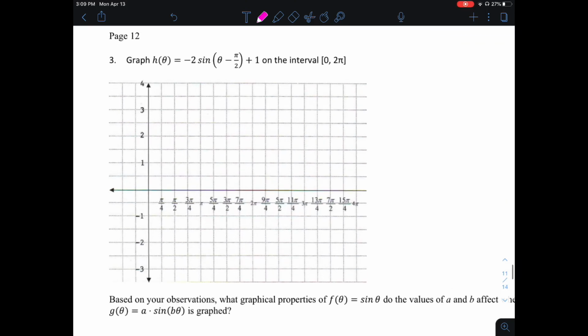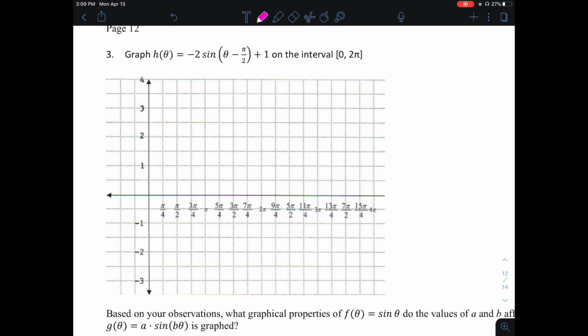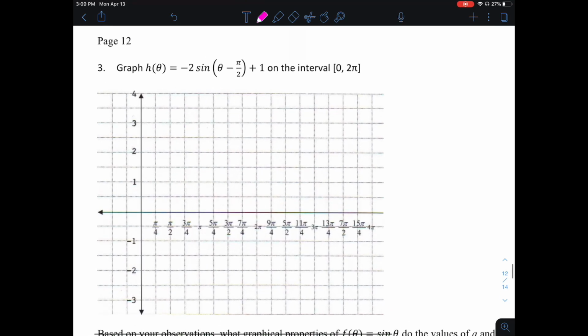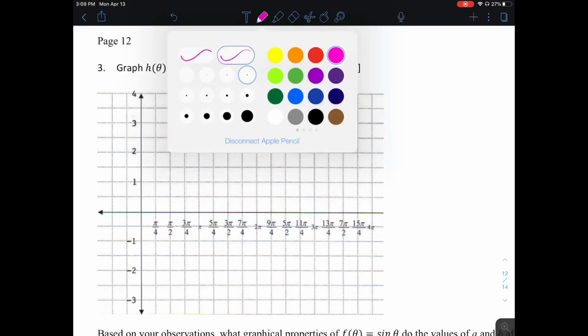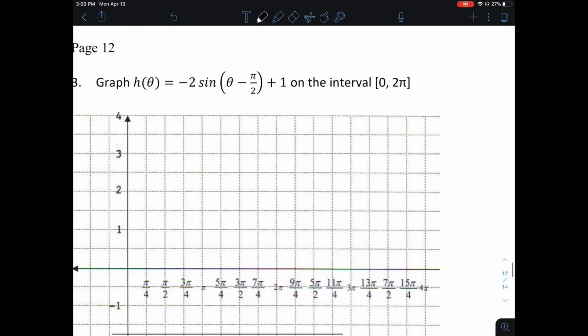Moving on, number 3. We're supposed to graph h, which is -2 times sine, and then we got our angle theta minus pi over 2 plus 1. Let's label this stuff up here. This plus 1 is called the vertical displacement.